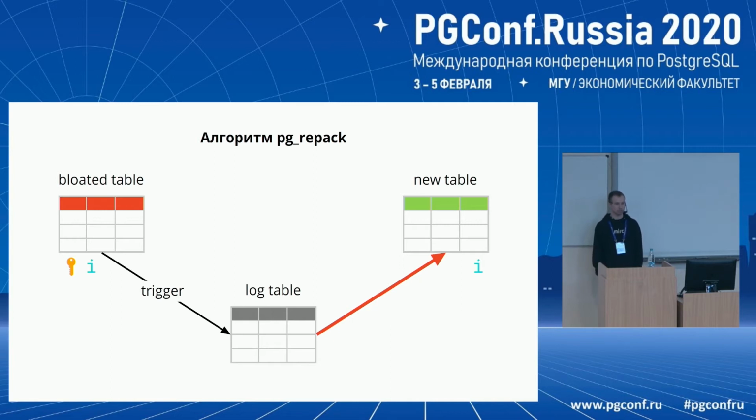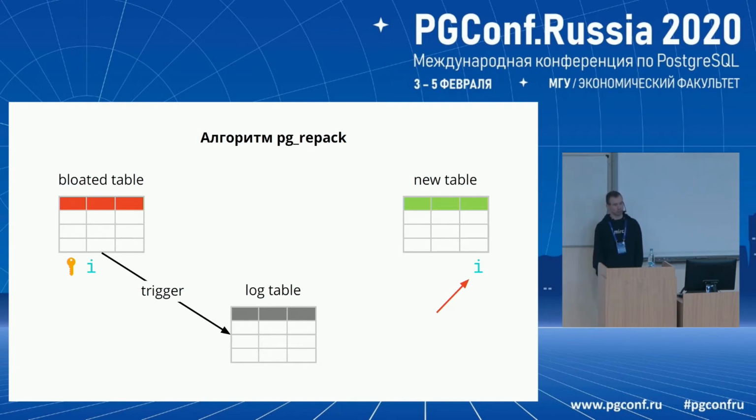Okay, let's go back to our example. So we've got a problem here, because in the log table data are committed together with the bloated table if they satisfy the constraints. But why did it happen? The problem is that in the previous step, when we created indexes for the new table, I made a mistake. I missed a key, because we are creating indexes only.